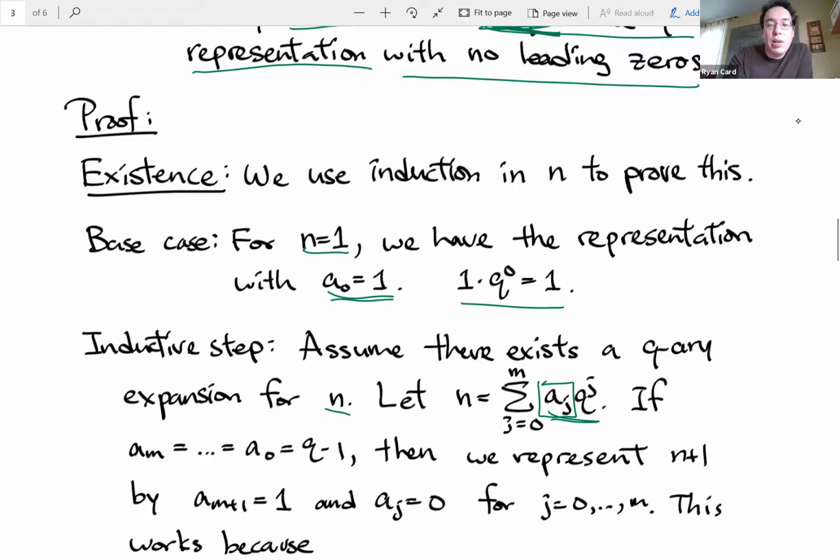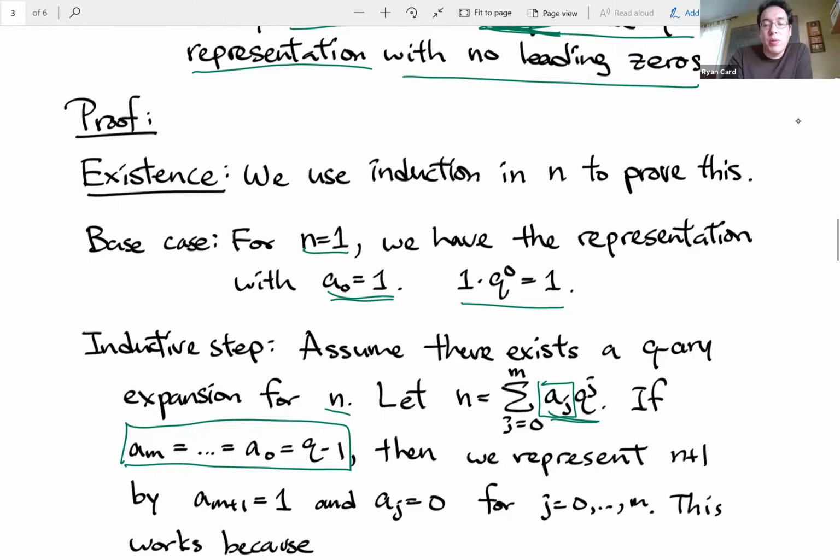So we're going to do it in different cases. Suppose all of the coefficients are q minus 1. If this was decimal representation, this is the case where the number is 999,999, something like that, where we're maxing out all of the digits with the highest digit available, in that case, 9.